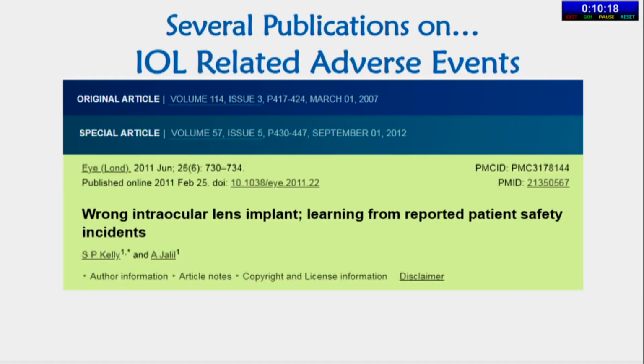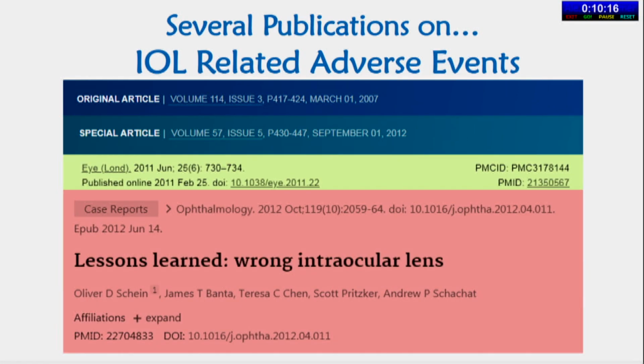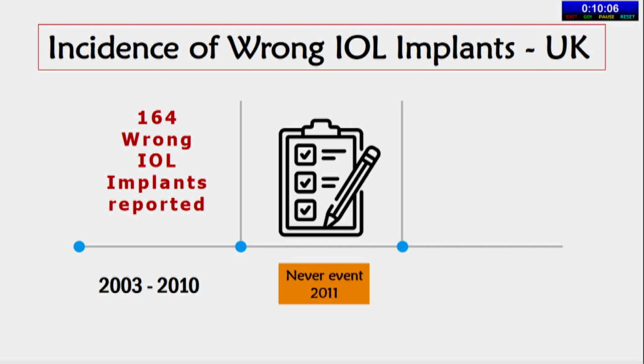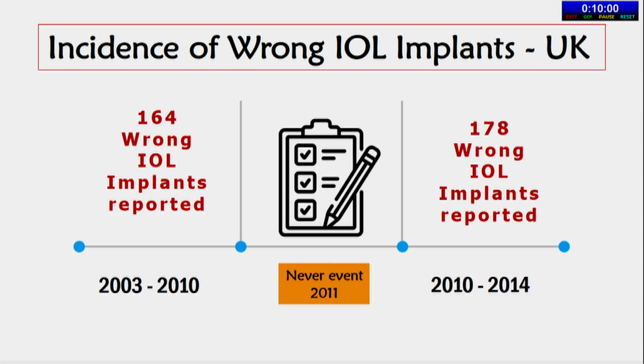So you can see there were so many publications. And when the NHS looked into the data, they found that there were 164 wrong implants reported between 2003 and 2010. And then it was declared as a never event in 2011, and there was a strict monitoring that followed.